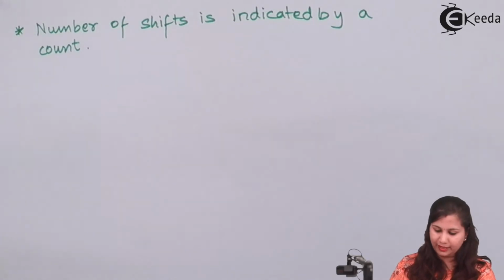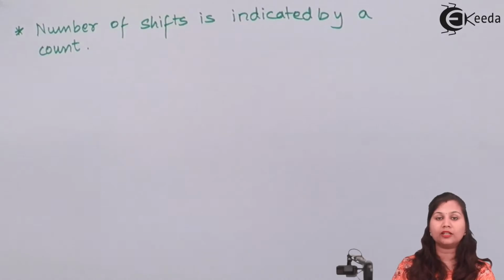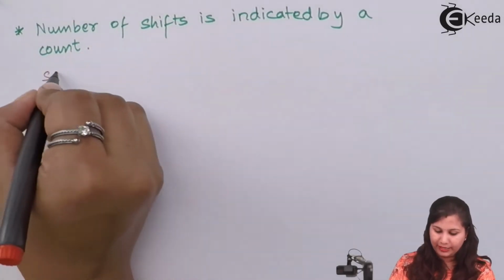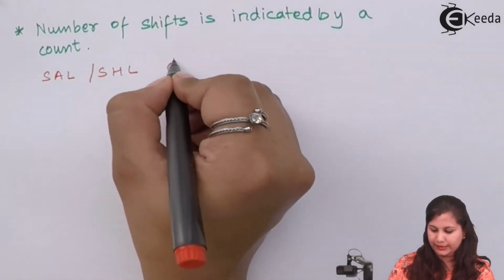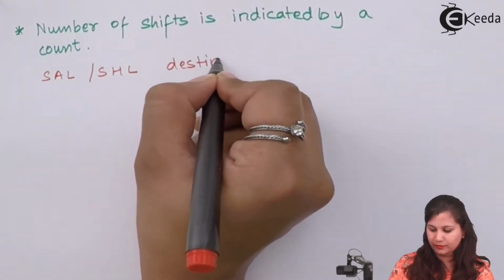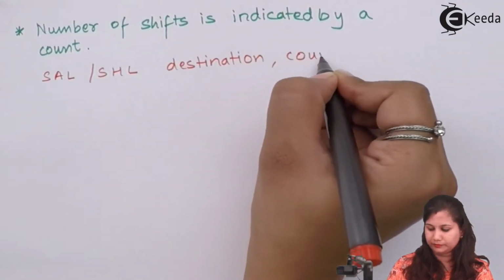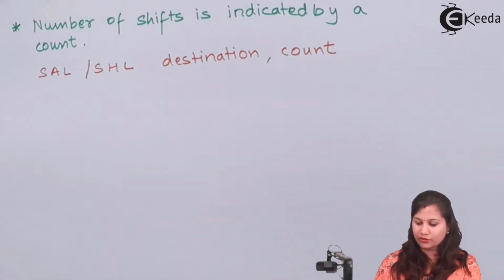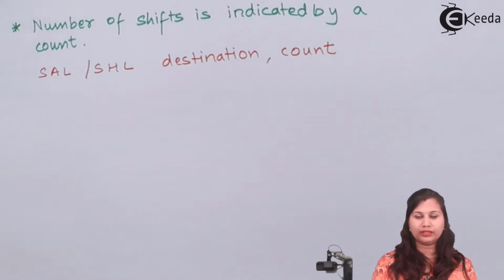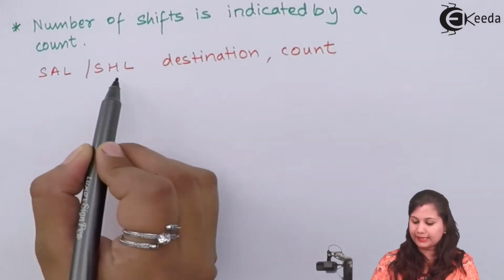So if we see the general format of how we can write these instructions, we have SAL or SHL, destination, comma, count. If we want to shift the data to the left side, we will write the instruction SAL or SHL.